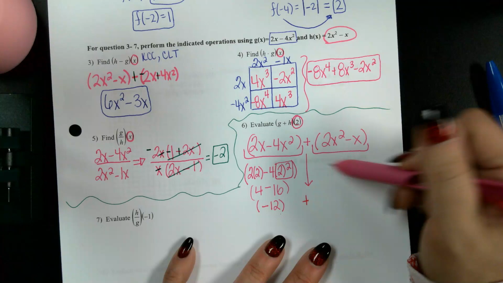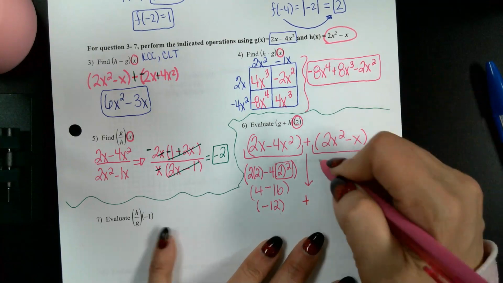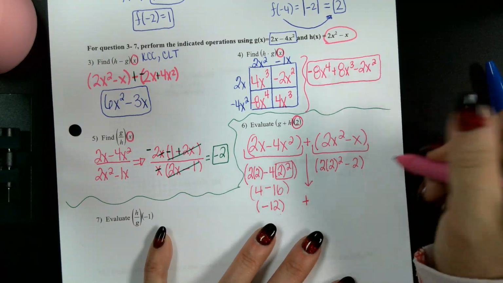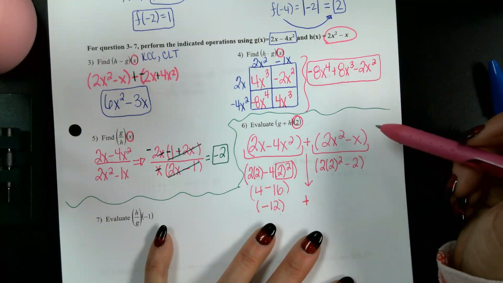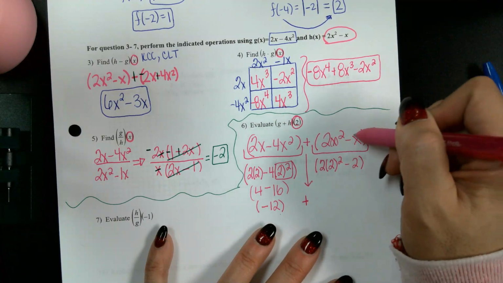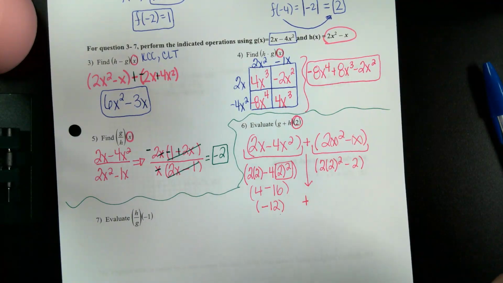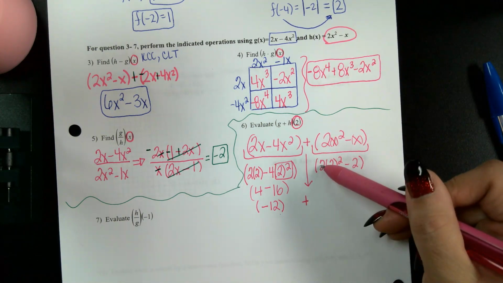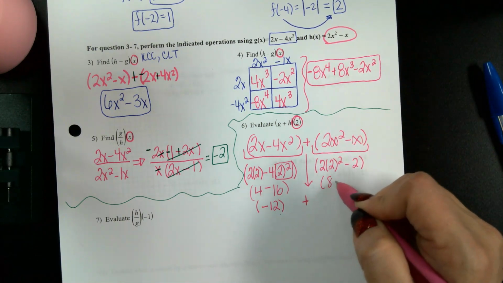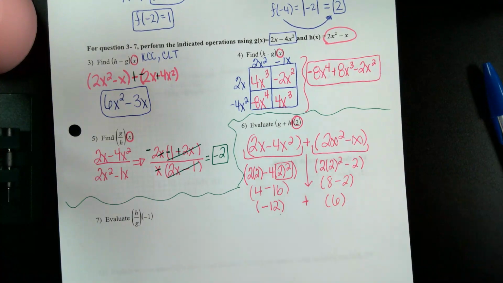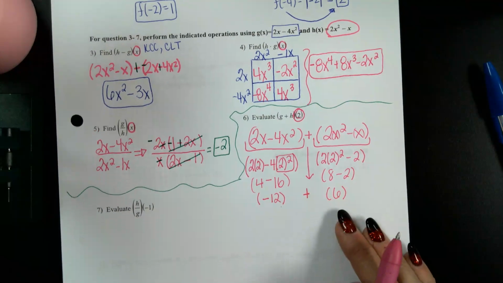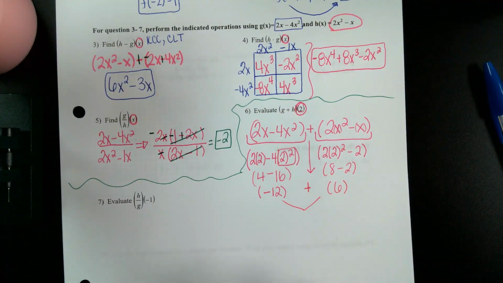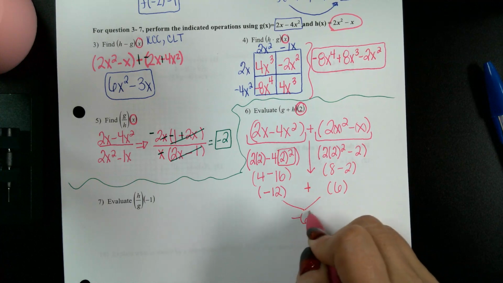And we need to figure out what this one over here would be if we plugged in a 2 wherever we see the letter x. So I plugged in a number 2. So 2 squared is 4, times 2 is 8, and 8 minus 2 is 6. So, final answer, negative 12 plus 6 is negative 6.